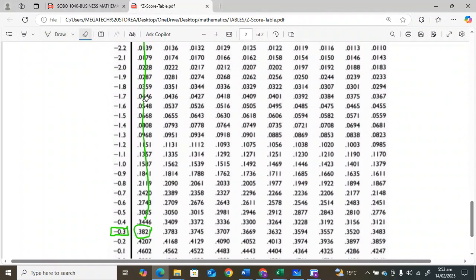How do we read on our table? Our value is negative 0.27.